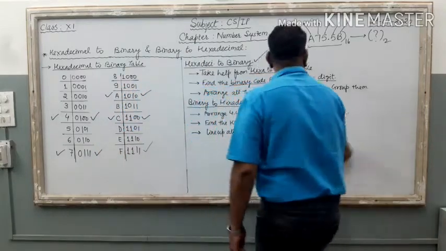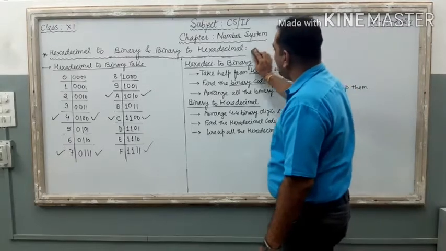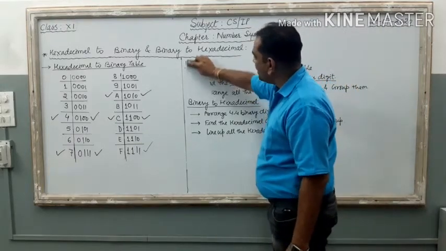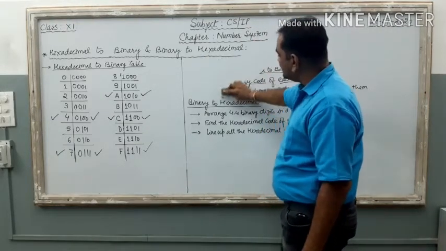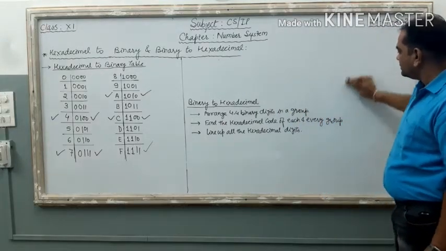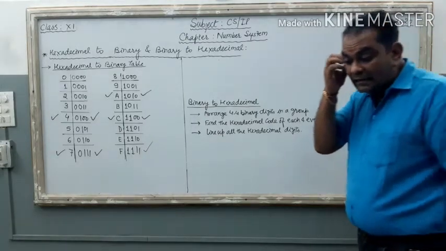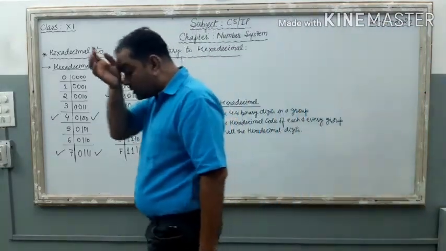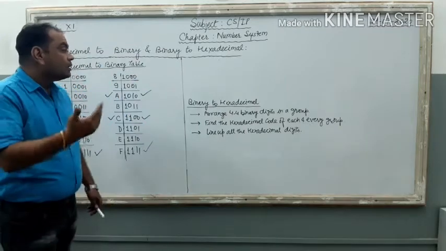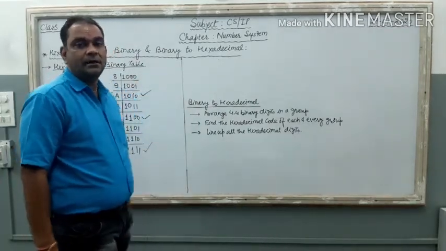Now, the next process is how we can convert a binary number into its hexadecimal equivalent. This is the second portion. Just check it out. Binary to hexadecimal: some binary codes are there in the question paper and the question is to convert this binary code into hexadecimal.